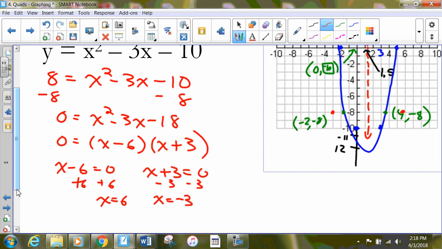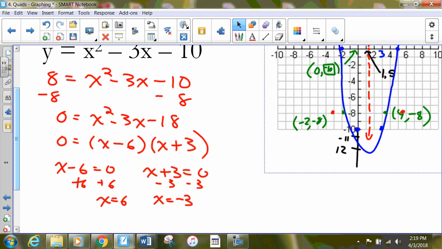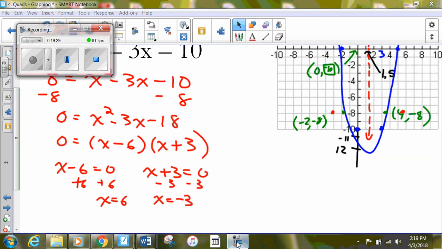Something doesn't look right about that. So let's see, I'm double checking my work. -6 plus 3. That's looking good. All right, at some point here, I made a mistake. So I'm going to pause it and see if I can figure out why our graph doesn't look convincing that our answer makes sense. Hold on, and I will be right back.